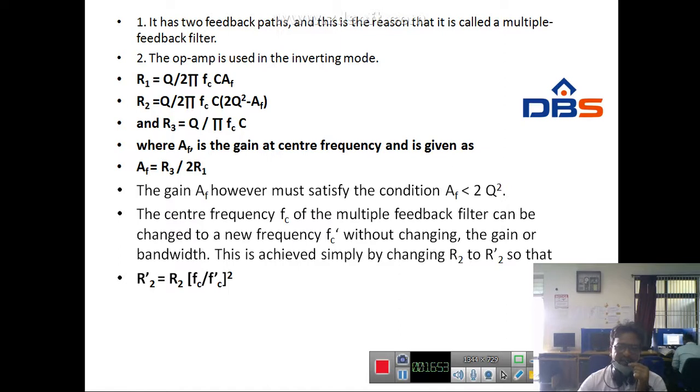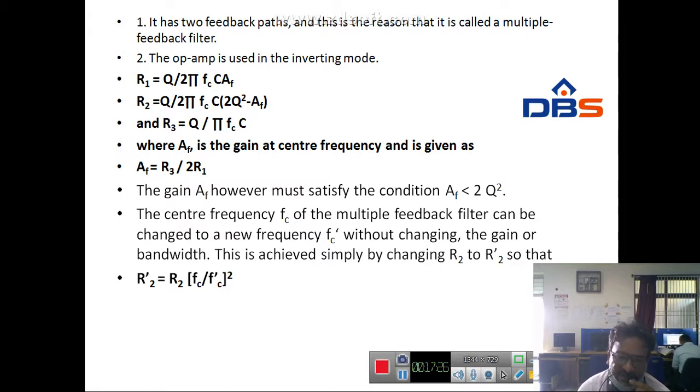Here AF is the gain at center frequency, given as AF equal to R3 by 2 R1. The gain AF must satisfy the condition AF is less than 2Q square. The center frequency Fc of the multiple feedback filter can be changed to a new frequency, called Fc dash, without changing the gain or bandwidth.